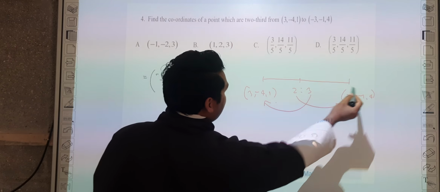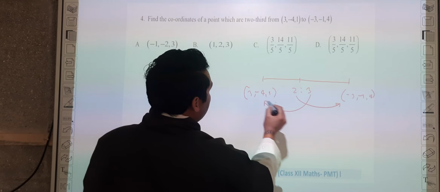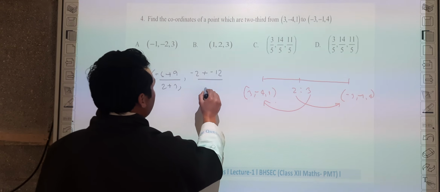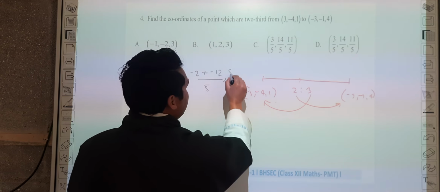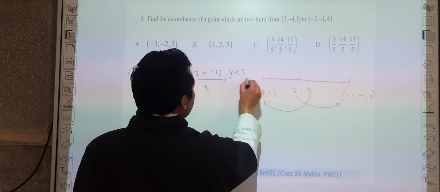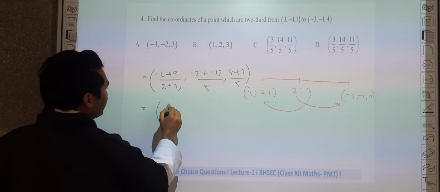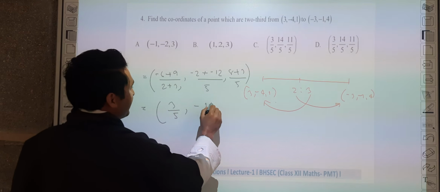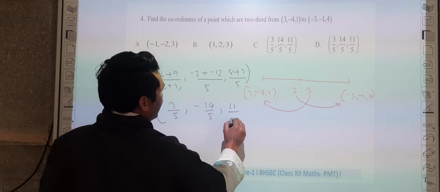Then 2 times -1 is -2, plus 3 times -4 is -12, divided by 5. Again we have 2 times 4 is 8, plus 3 times 1 is 3, divided by 5. This is 3 divided by 5, this is -14 divided by 5, this is 11 divided by 5.